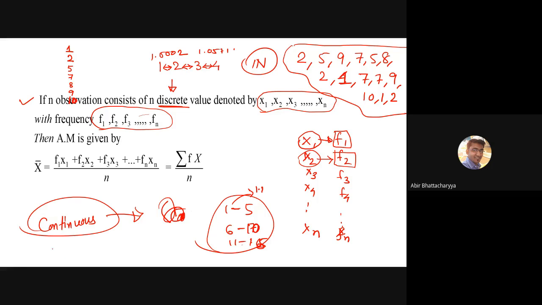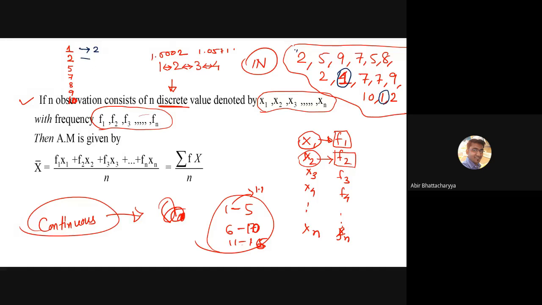Now, if I ask you what is the frequency of all these elements. Frequency of 1: how many times is 1 repeating? 1 and 1, that is 2. So frequency of 1 is 2. Frequency of 2: how many times is 2 repeating? Frequency of 2 is 3.